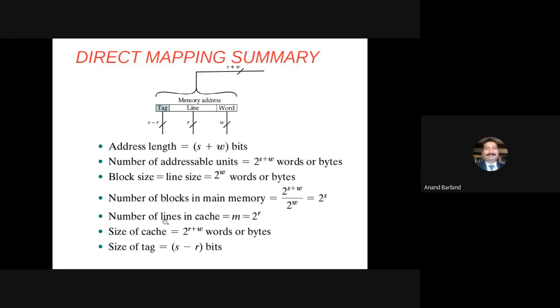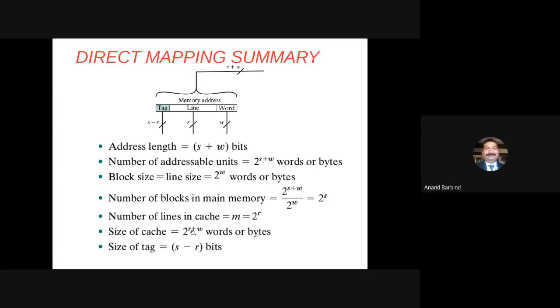Whereas the number of lines in the cache is equal to M, and that is equal to 2 to the power R. So R determines the number of lines. If M lines are there, then you need R bits for addressing the line number from the memory address. The size of the cache is R plus W.